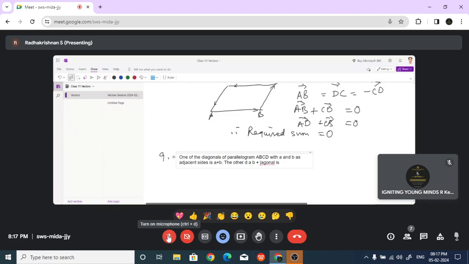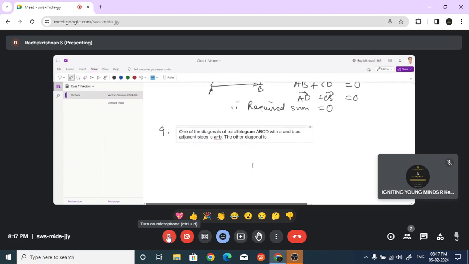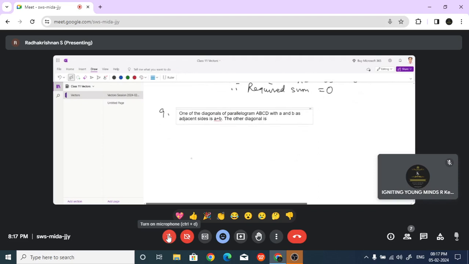The other diagonal, same diagram, where A, or if you put it in this direction.